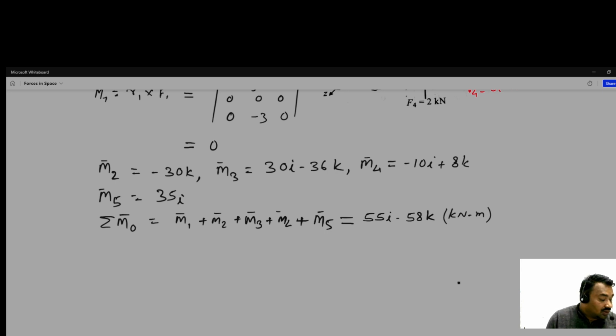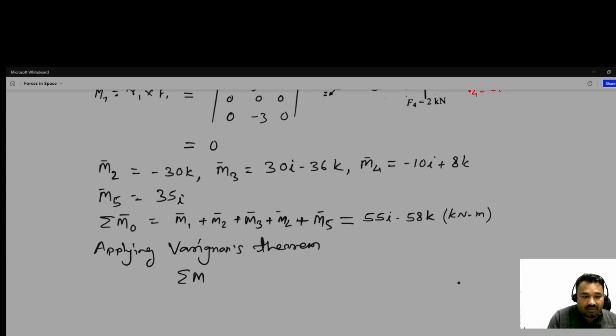Now we have to apply Varignon's theorem. The summation of MO is equal to the moment of the resultant.